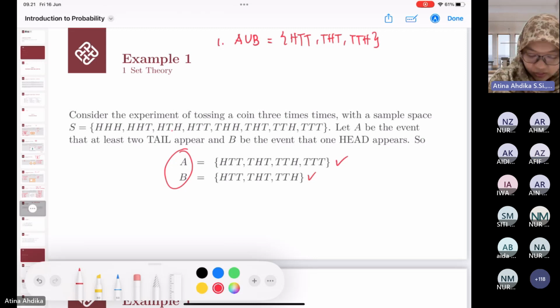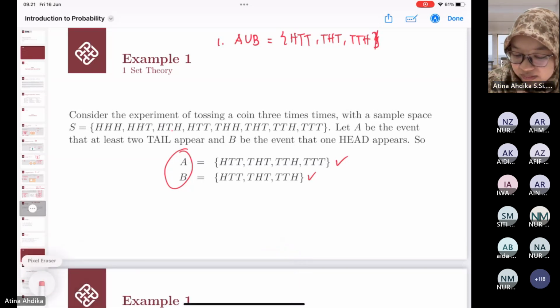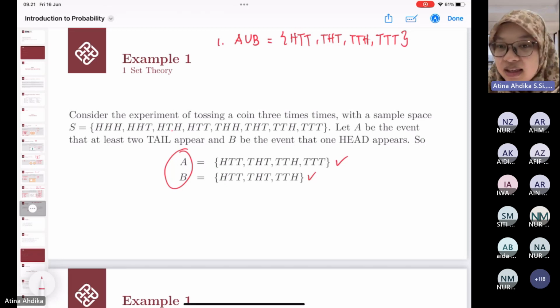So we have to add TTT here. Okay, sorry. So we also have the additional TTT here. Okay, thank you, Afif Fahmi, for your answer.